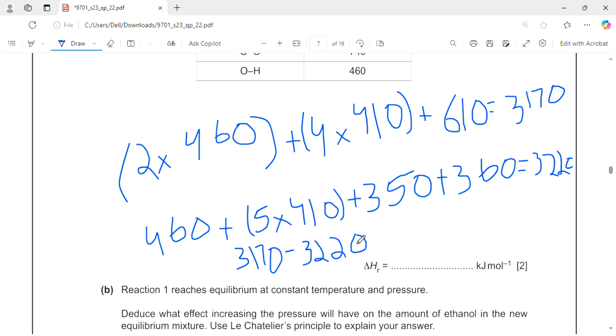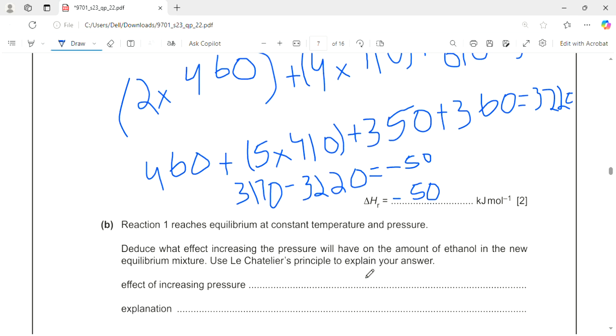We get minus 50, which means it's exothermic. The negative sign indicates an exothermic reaction, minus 50. So here we can write minus 50. Now move to the next part of the question.